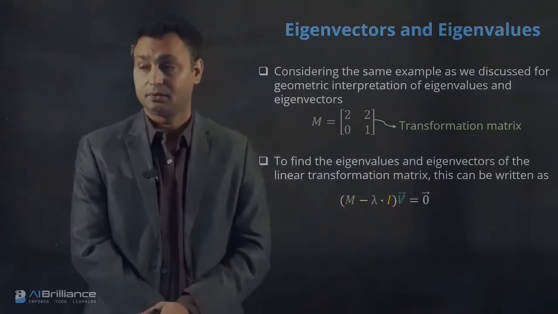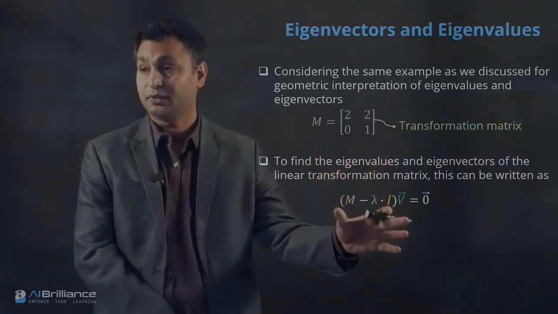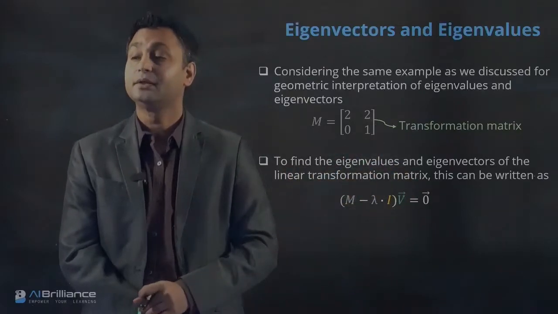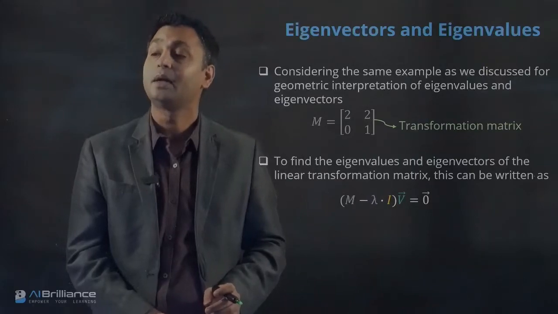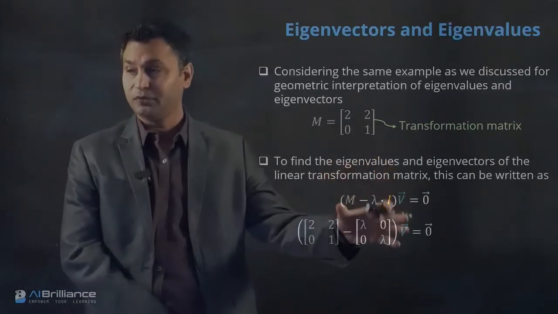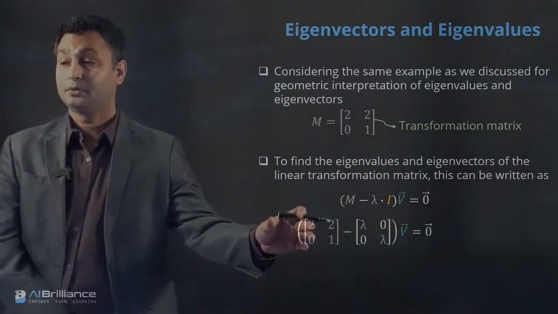This is the vector equation that this matrix has to satisfy in order for us to find the eigenvalues and eigenvectors. So we write this, but we know that this will only be satisfied when the determinant of M minus lambda I is equal to 0. So we can simplify up to this location, and now why did we get lambda 0, 0 lambda?